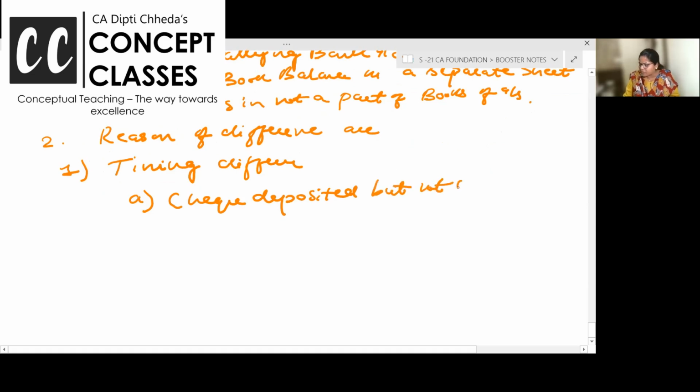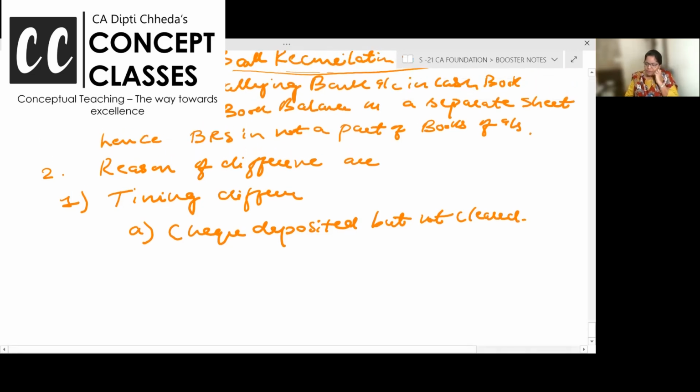Write down, write down. Is my speed fine? If you are not able to see the screen very clearly because my writing is not good, are you listening and writing? I'll wait. Timing difference. Check deposited, but not cleared. Second, check issued.